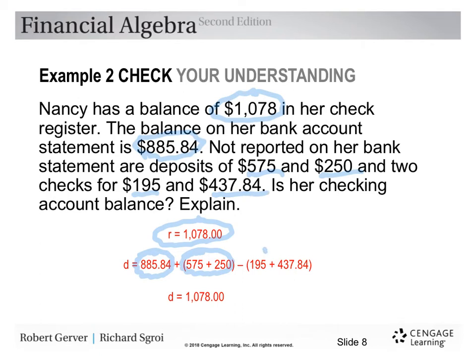So we're going to subtract those from what we get. And if we combine all those together, the result is $1,078, and that is what was on her check register, so therefore her checking account is balanced.